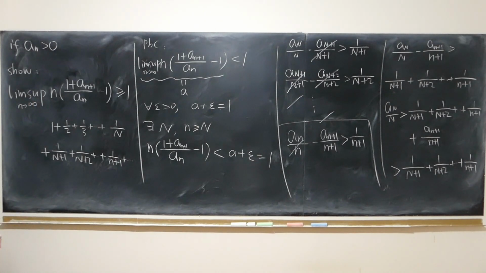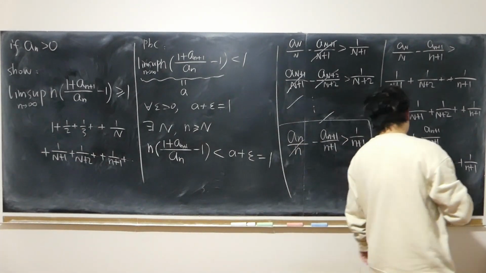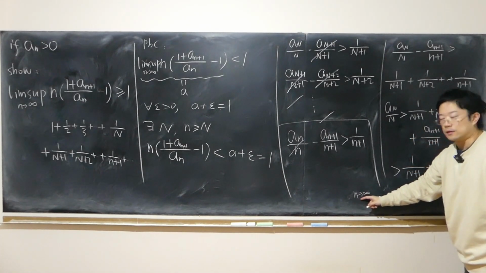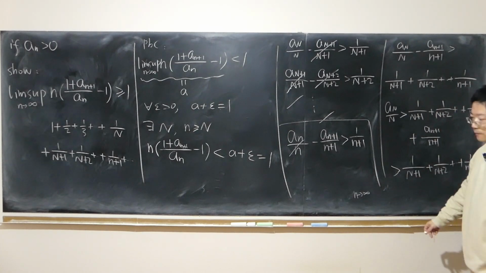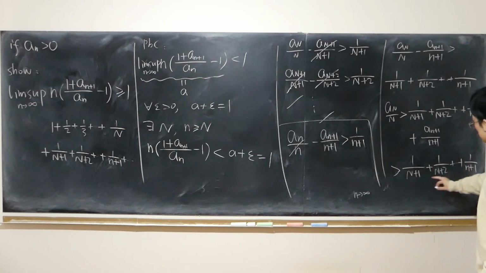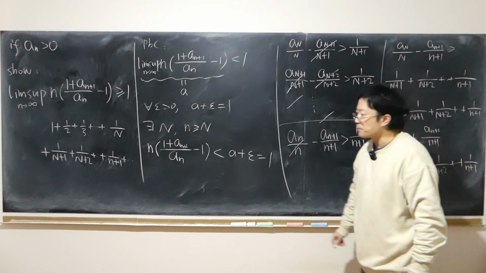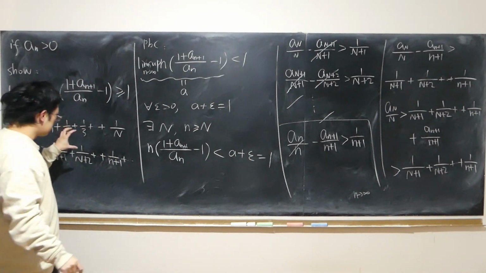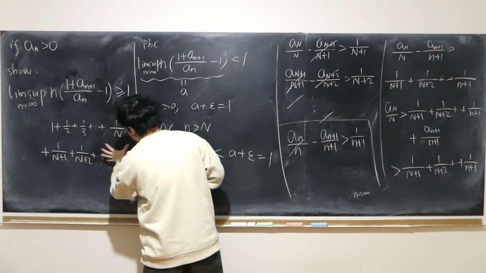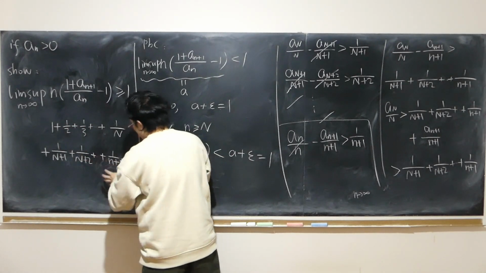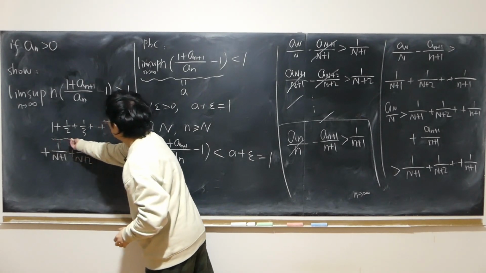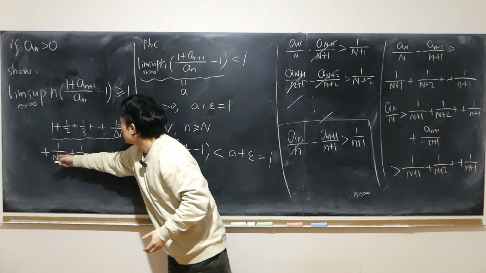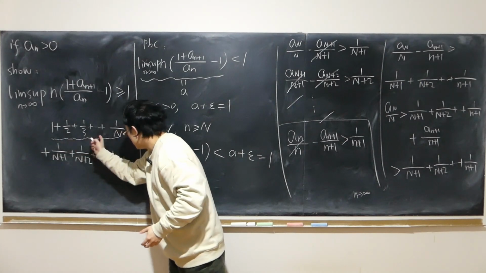Now, if I let small n approach infinity, capital N stays fixed. What's going to happen to this one? I say it's approaching positive infinity. Why? Because the standard harmonic series already approaches positive infinity. These are just finitely many terms. I'm starting from here instead, so finitely many terms, I don't care.